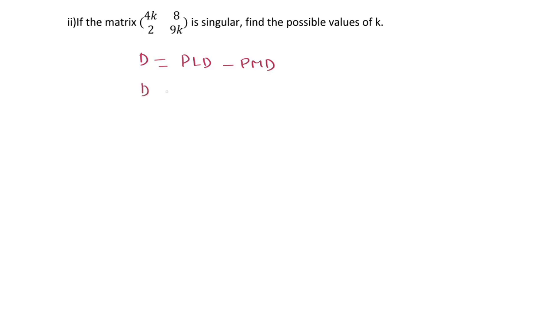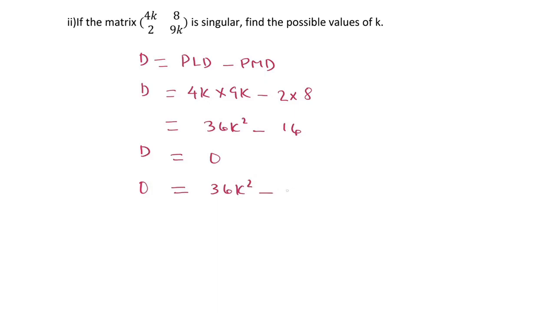Then determinant is going to equal 4k times 9k minus 2 times 8, which gives 36k squared minus 16. For a singular matrix, determinant equals 0. Substituting this, we have 0 equals 36k squared minus 16.